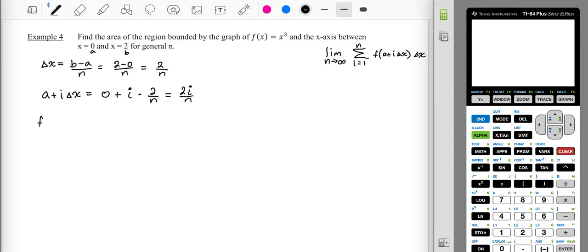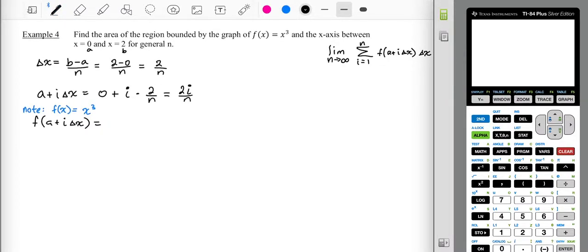Now if I want f of that, since f of x is equal to x cubed, I'm taking the a plus i delta x and cubing it.